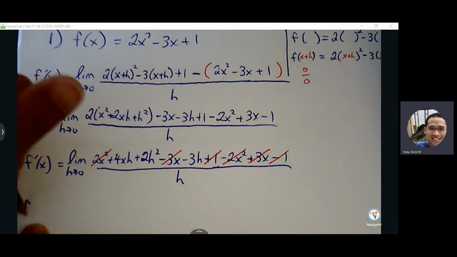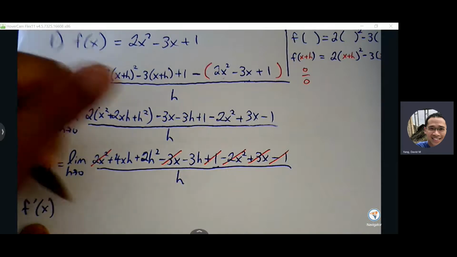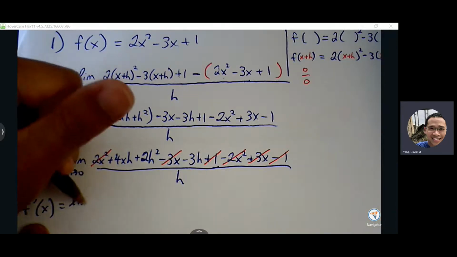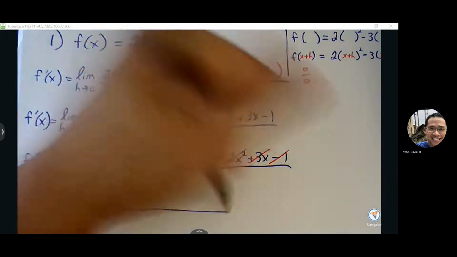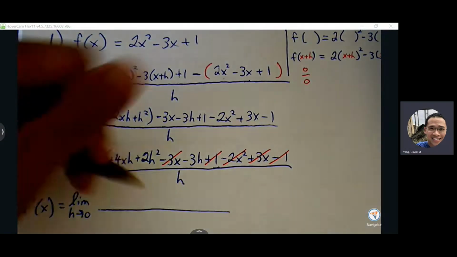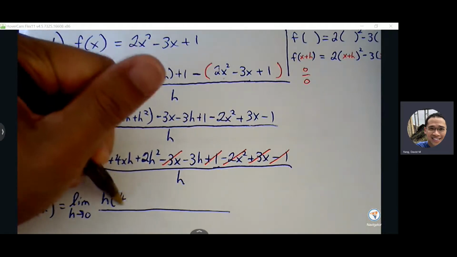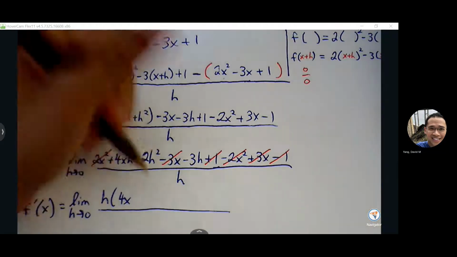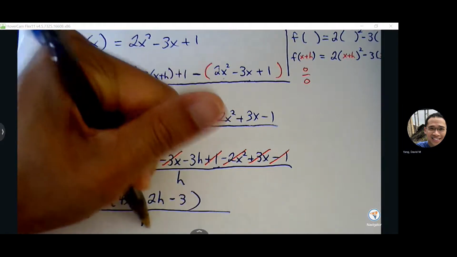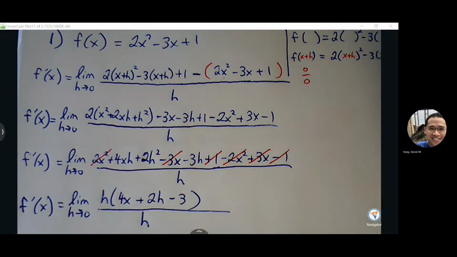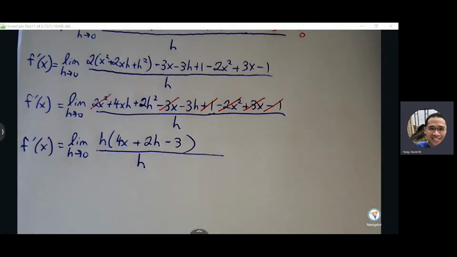Then we missed something. We have to go back and check because at this point, we should be able to factor an H out of every term. Okay, so first term, if I take an H out, I'm left with 4x plus 2h minus 3. Okay, just like what we wanted.